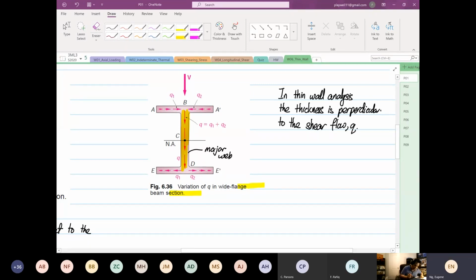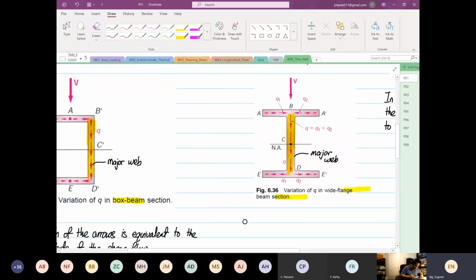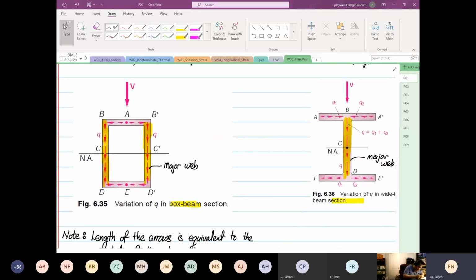If you look at the box beam, this is the thickness for thin wall. This is the thickness, and then this is the thickness. And then on the other side, on the flange, this is the thickness.